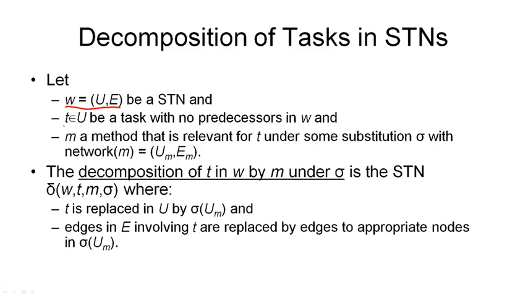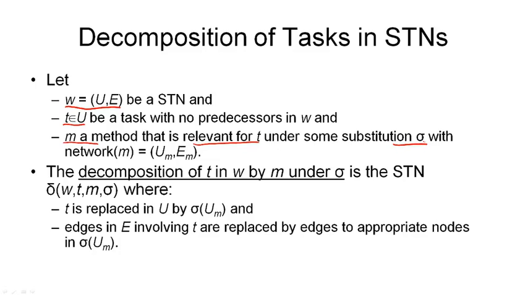And we want to decompose one of the tasks T that is in this network, and this must be a task that has no predecessors in W. So if this network is totally ordered, then it will be the first task in the list. If it's a partial order network, there may be several tasks that have no predecessors. Then we want to decompose this task using a method, and this method of course has to be relevant for the task under some substitution sigma.